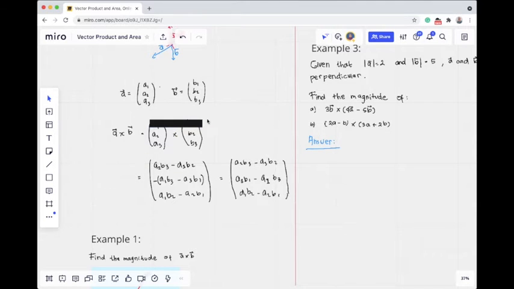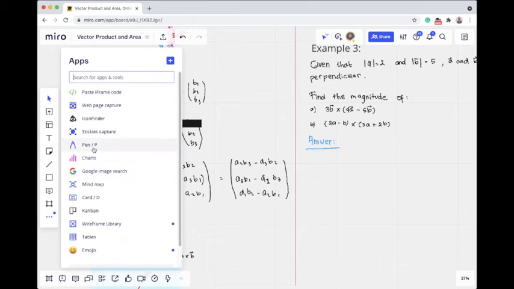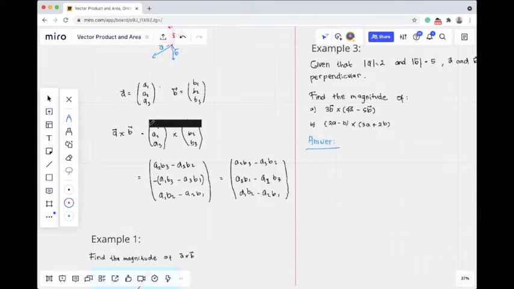If we want to find the first row of the result, close the first row, then cross multiplication: A2 B3, then minus A3 B2. So cross pattern here. That's how we find the first row.